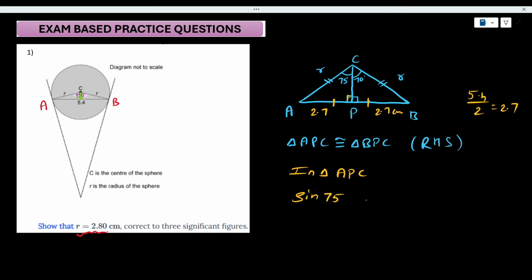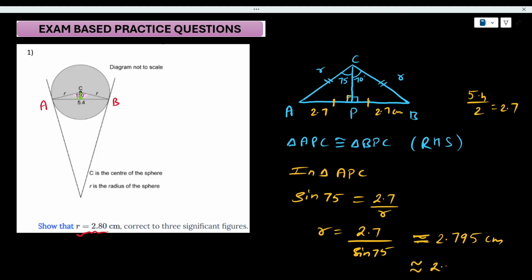So sine 75 will be equal to 2.7 by r. R will be 2.7 by sine 75, and if you calculate 2.7 divided by sine 75, you will get 2.7952 centimeter, which is approximately, to 3 significant figures, 2.80 centimeter.